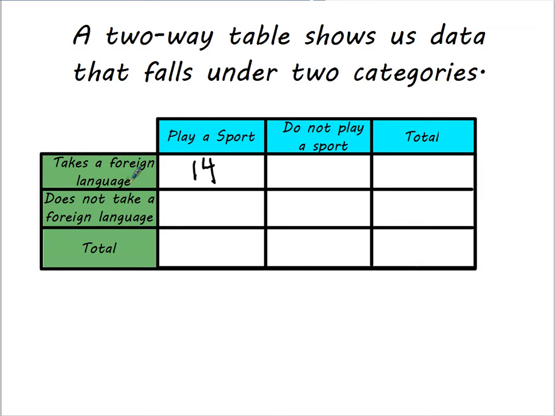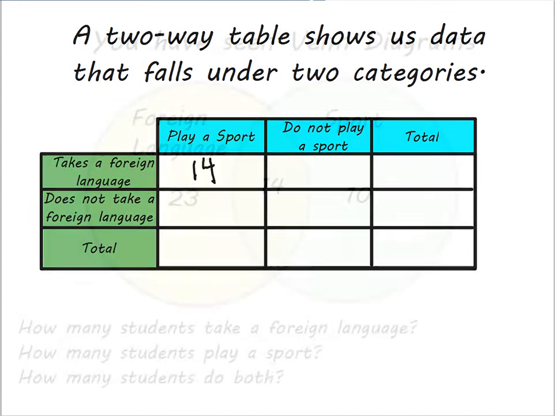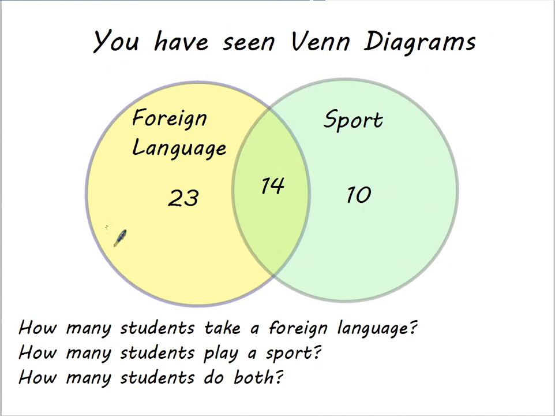Then in the next box, I want the students that take a foreign language but don't play a sport. So if I look at my Venn diagram, that would be these 23 kids over on the left. Now be careful when you look at these numbers, because if I'm just looking for how many students take a foreign language, that's not just the 23 kids.